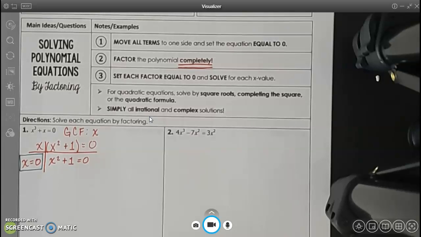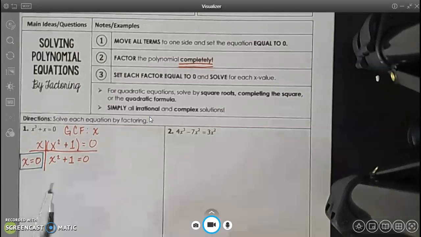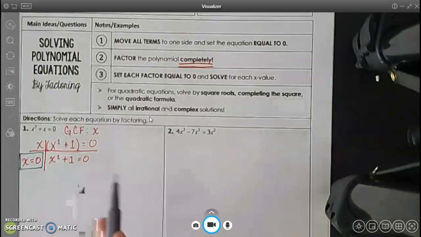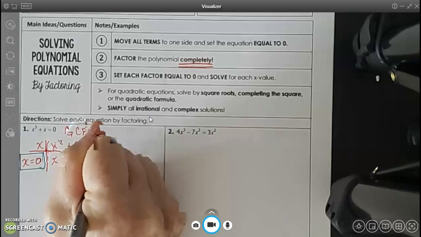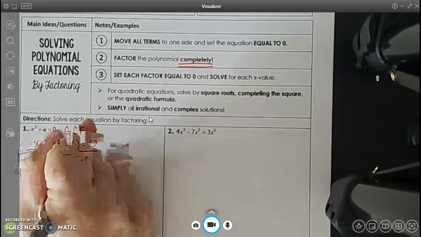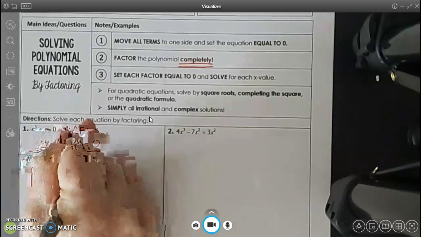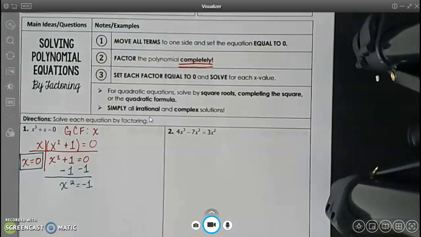We're going to start by subtracting 1 from both sides. So if we subtract 1 from both sides, we get x squared is equal to -1.